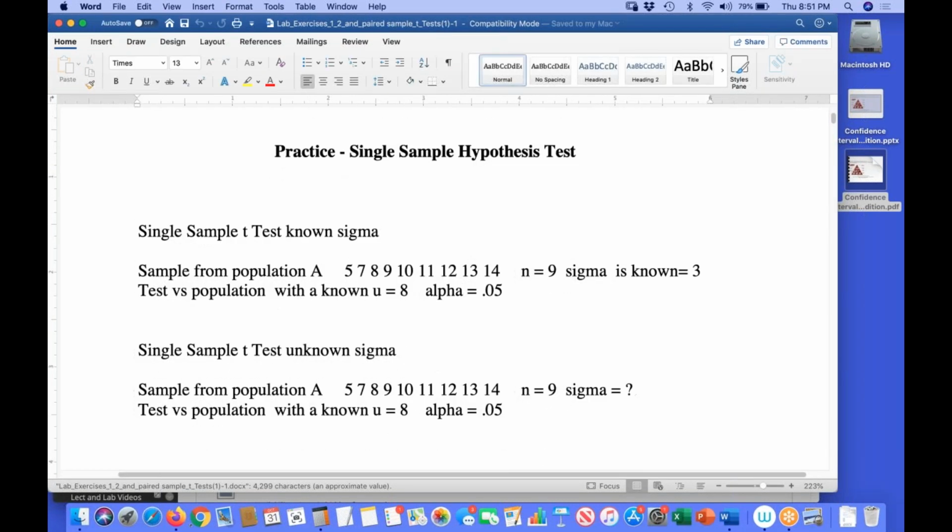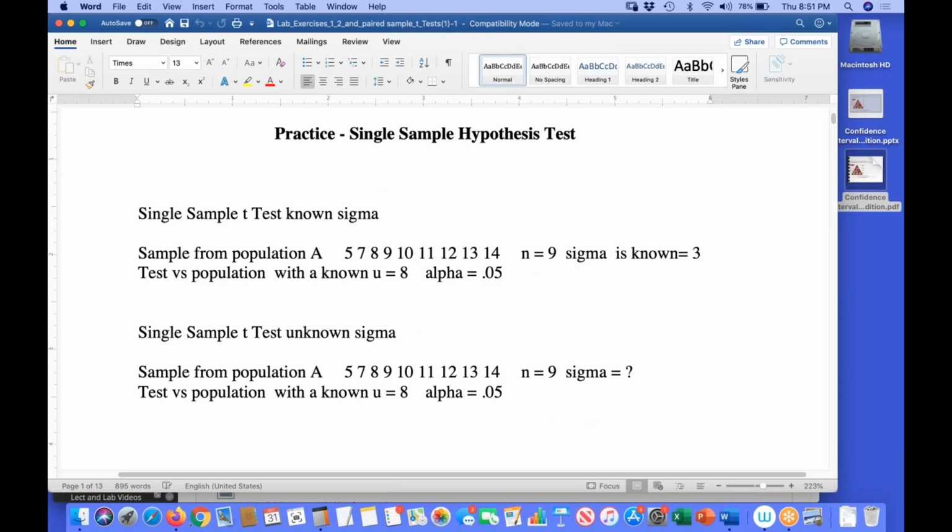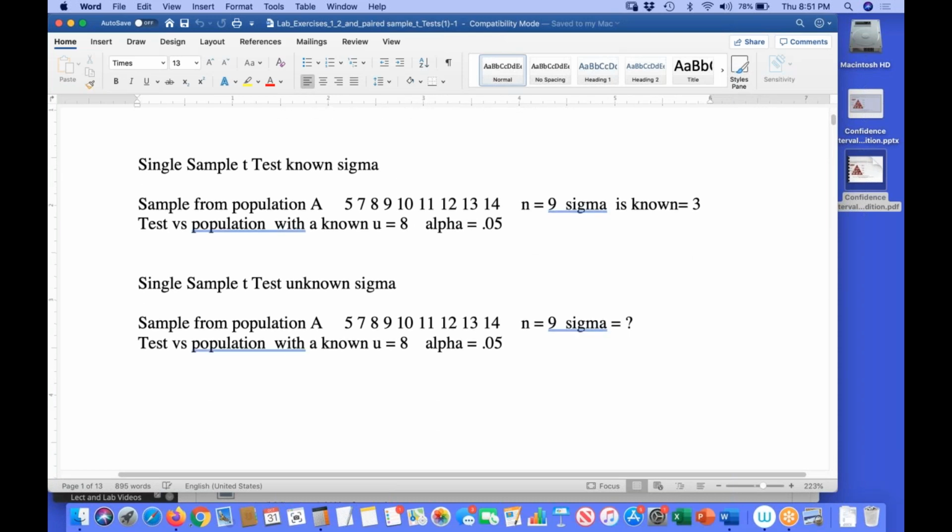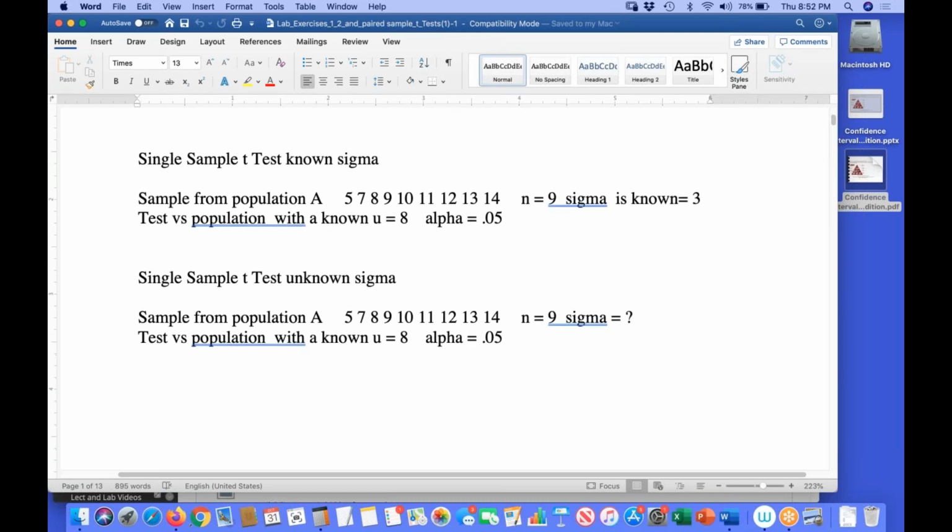So now I'm going to propose something that is a little bit close to a real world example. Not exactly a real world example, but a little closer. We have two populations, population A and population B. For population A, we don't know what the mean is.